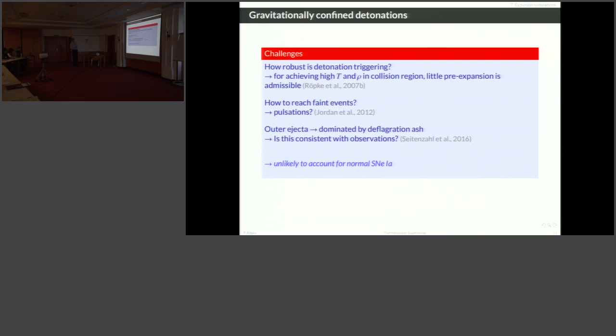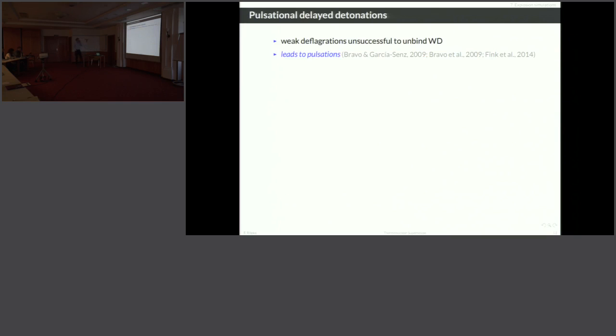We've recently tested this by radiation transfer calculations, and it seems that this actually has a strong effect on the predicted observables and drives them away from a good match with the observations. So this is unlikely to account for normal type 1a supernovae. However, there is the possibility, suggested a while ago by Carl Jordan, that this gravitationally confined detonation mechanism is assisted by pulsations, and only in the pulsation phase the detonation triggers, and then it may be even possible to achieve fainter explosions.